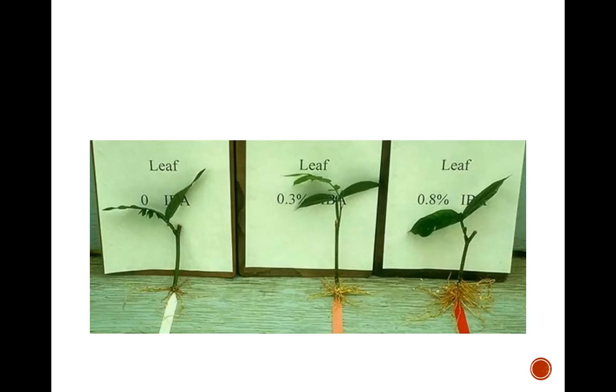What you can see is that the increase in IAA, or in this case, it looks like they gave them IBA, which is a type of auxin that's similar, kind of the cousin of IAA, the higher the concentration of that auxin hormone, the higher the root mass.